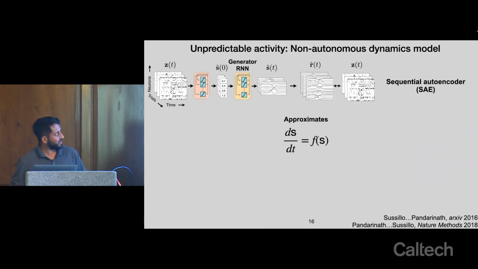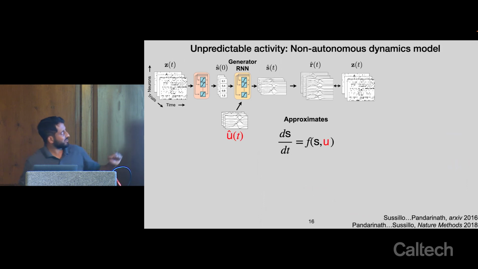I'll very briefly go over some machine learning details. The key point is we need to take the model that I described earlier, and allow for the possibility that the RNN that is trying to approximate dynamics can also receive inputs at any time step.